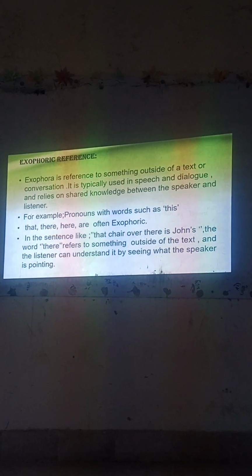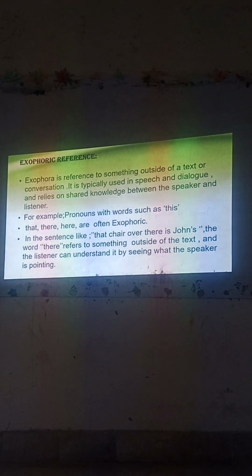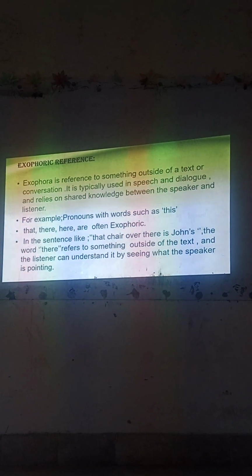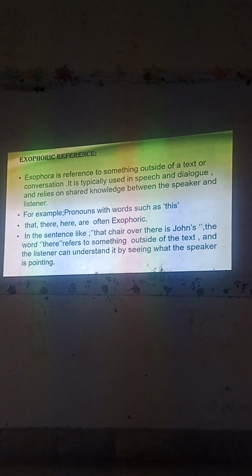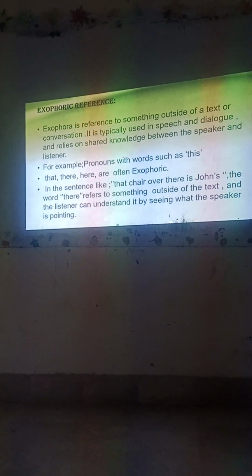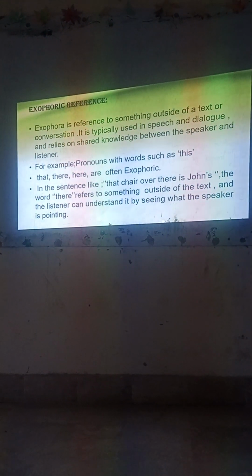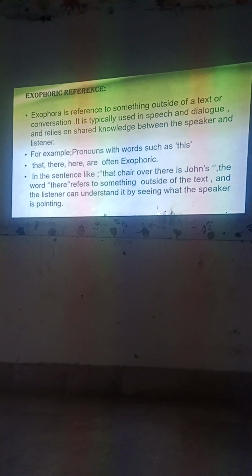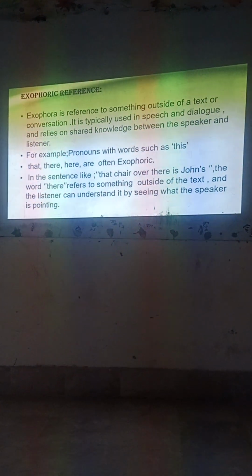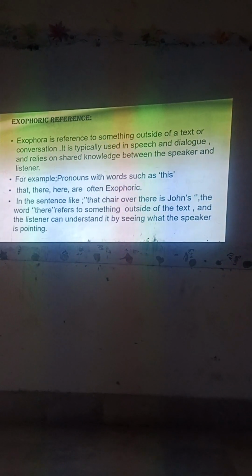For example, if I say, that chair over there is John's, the word there refers to something outside of the text. The speaker or listener can understand what the speaker is trying to say. So there is an exophoric reference.